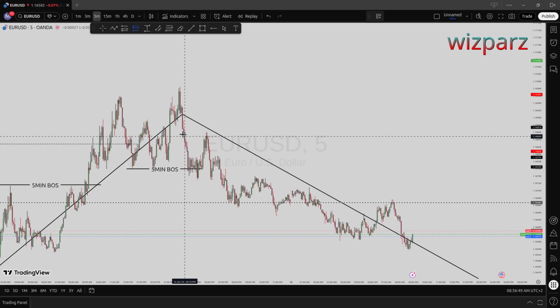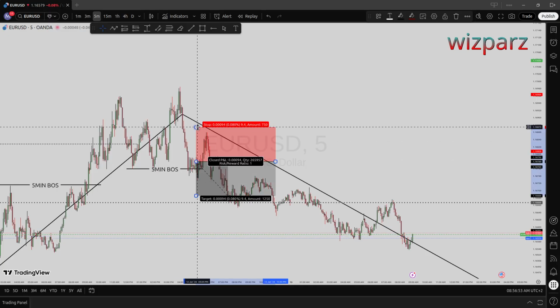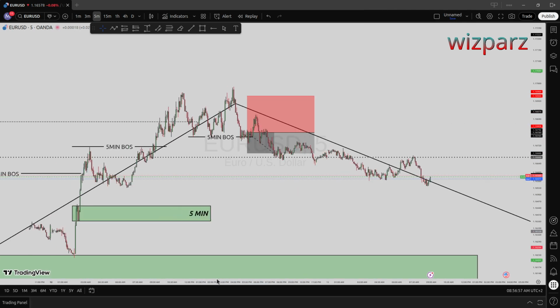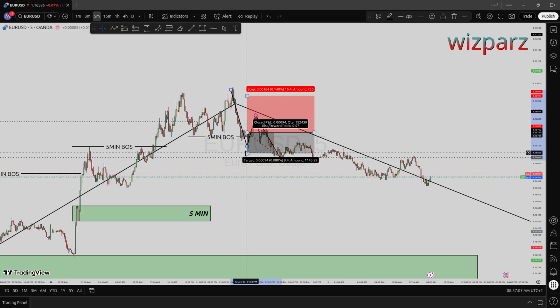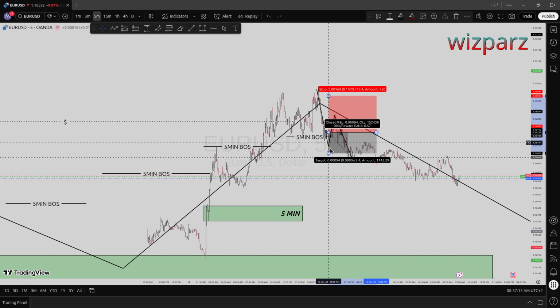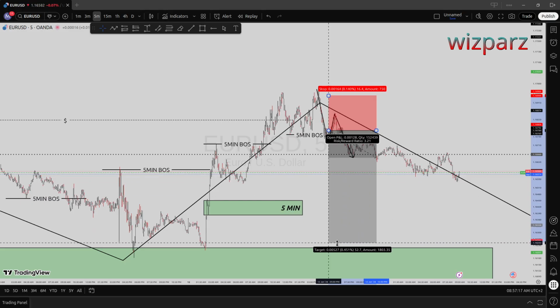We should have taken this short from here. As you can see, price made a break of structure, then another break of structure, where we should have taken entry here, with stop loss here, targeting this demand area.